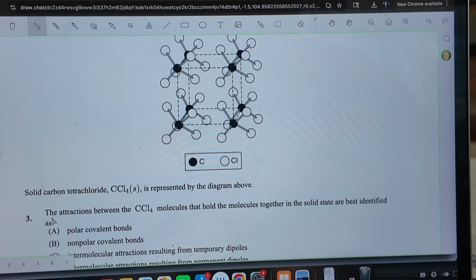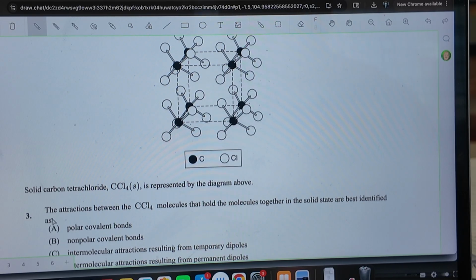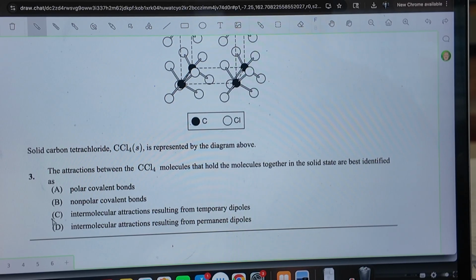We see this image here. What holds CCl4 molecules together in the solid? Solid carbon tetrachloride, CCl4, is represented in the diagram above. The attraction between the CCl4 molecules that hold the molecules together in the solid state are best identified as... So CCl4 is a molecular solid. That means the solid is made of whole CCl4 molecules.